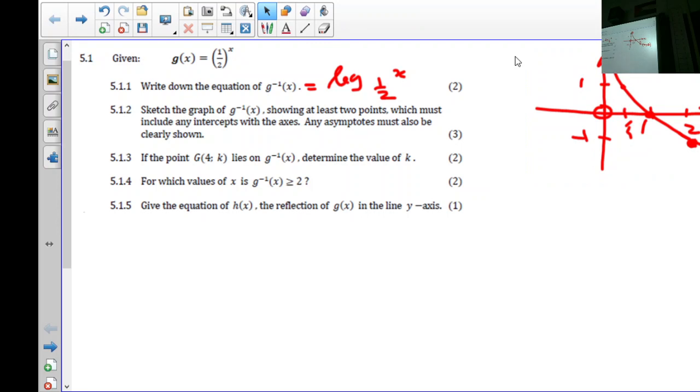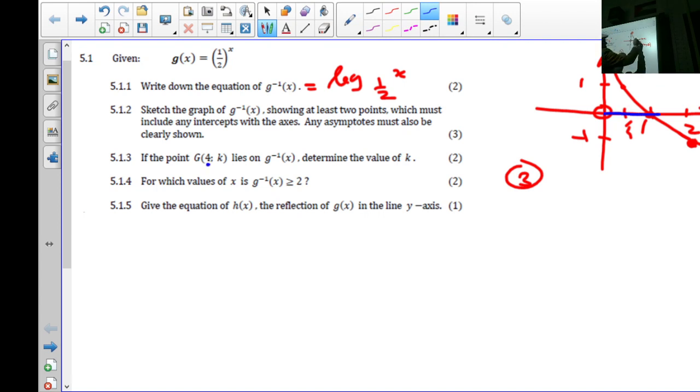Okay. In 5.1.3, the question says if the point G, which is 4 and K, lies on the inverse function, determine the value of K. So if you're going to look at 4 and K, your x value is 4, so I need to extend this. So 4 would be approximately there.